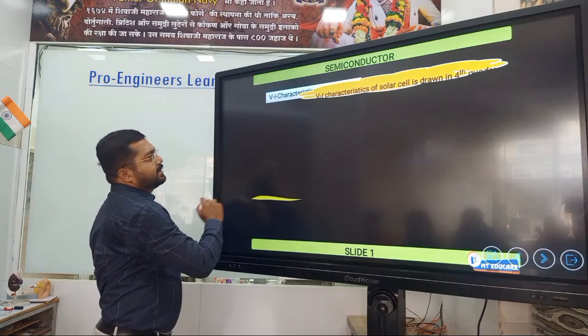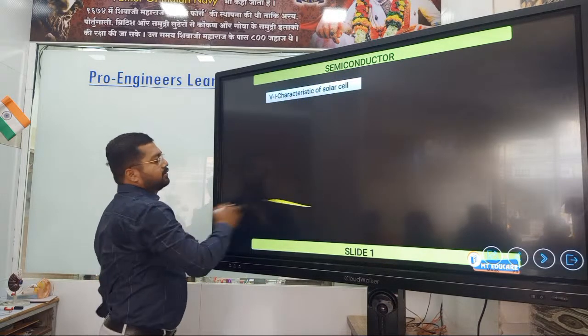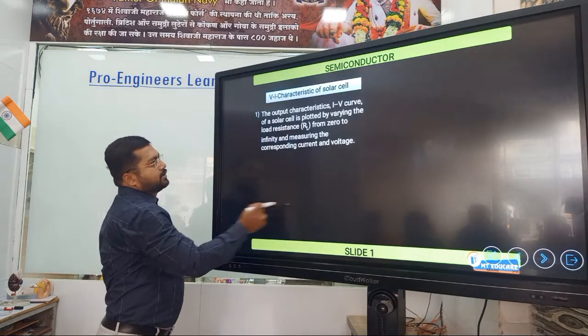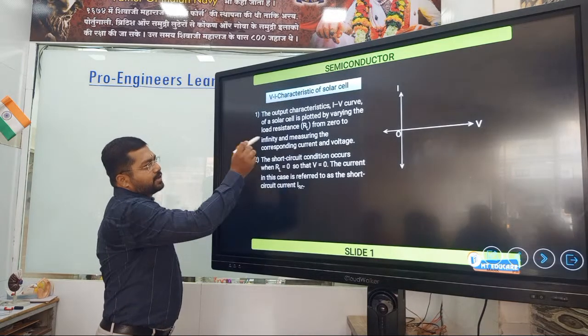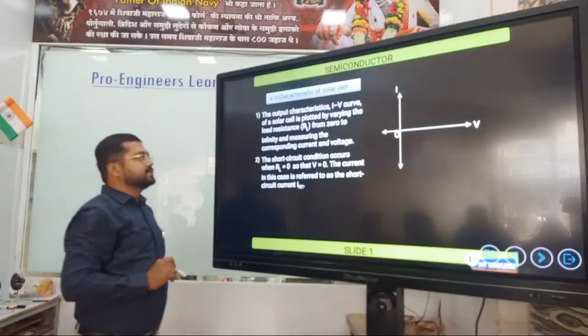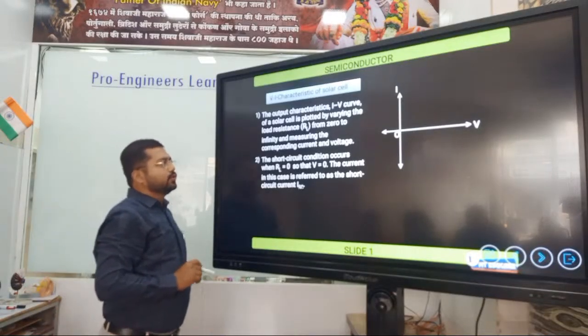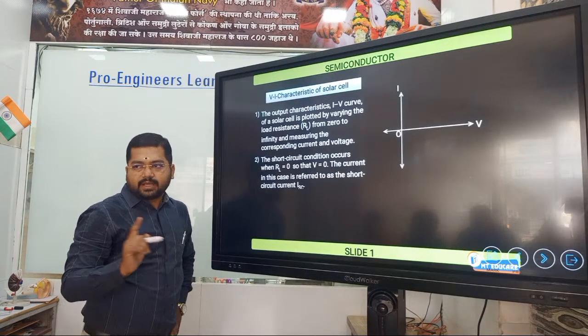Now VI characteristics of solar cell is in the fourth quadrant. The output characteristics IV curve of solar cell is plotted by varying the load resistance RL from 0 to infinity and measuring the corresponding current. Because until now, what have we seen?